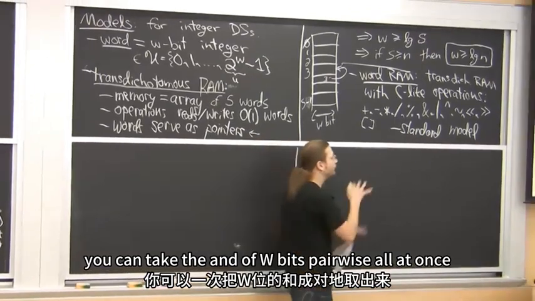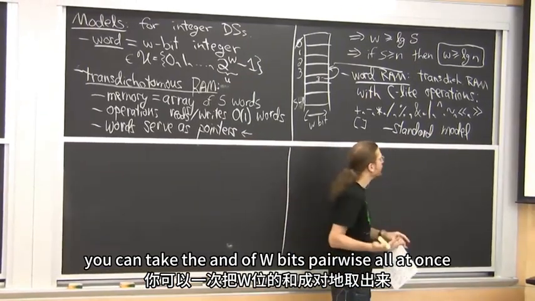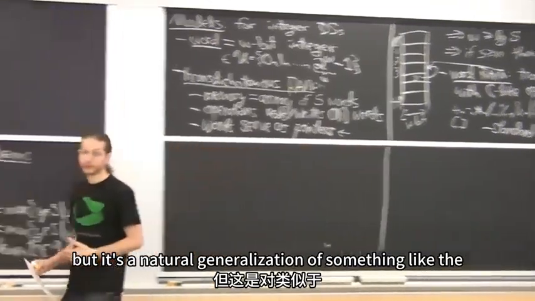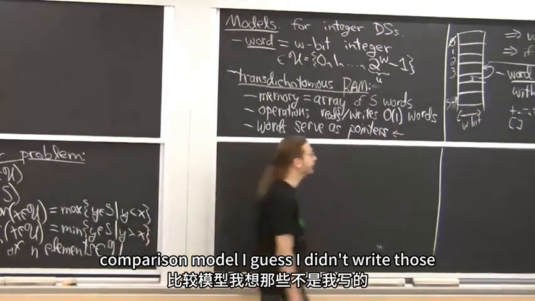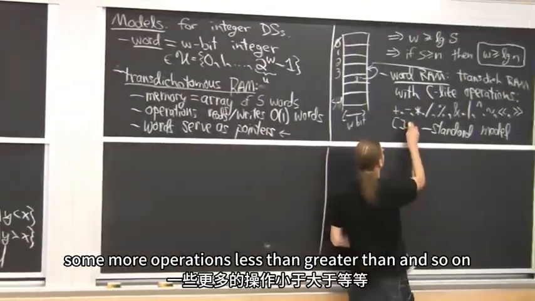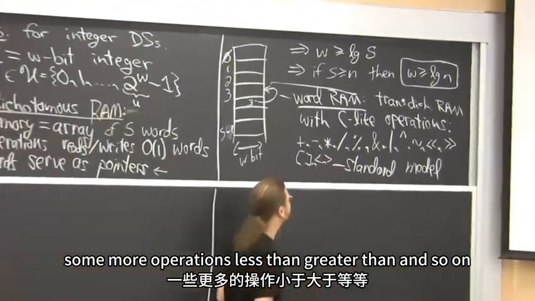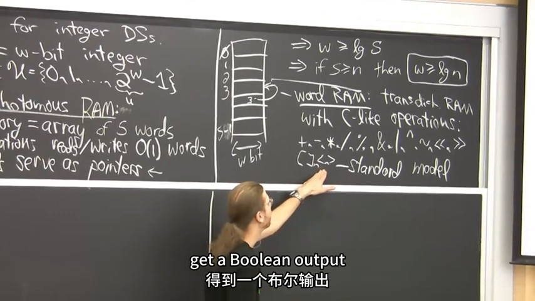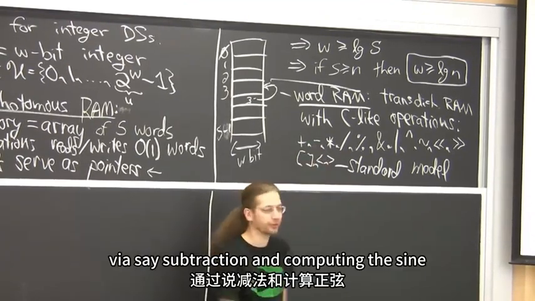You can take the AND of W bits pairwise all at once. So you get some speedup. But it's a natural generalization of something like the comparison model. Comparison model, I guess I didn't write those. Some more operations, less than, greater than, and so on. You can compare two numbers in constant time, get a Boolean output via, say, subtraction and computing the sign.